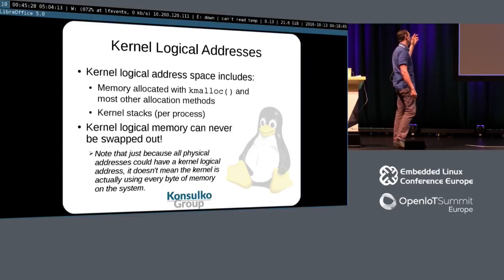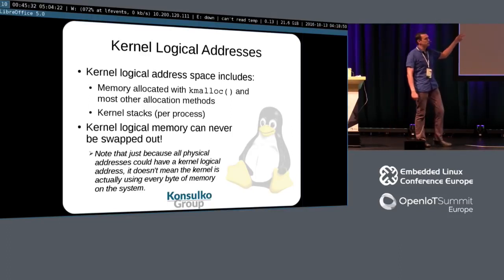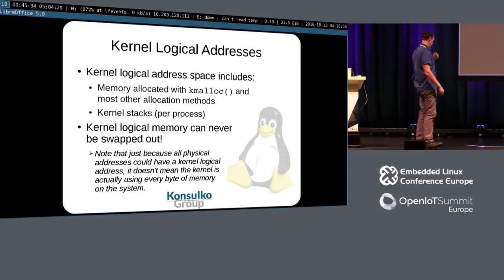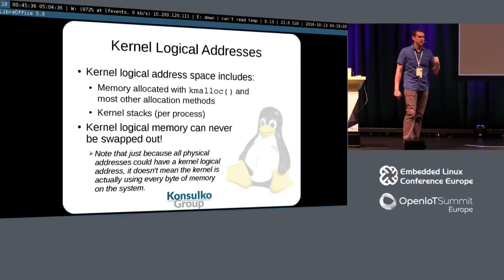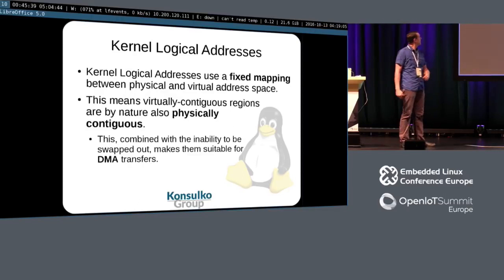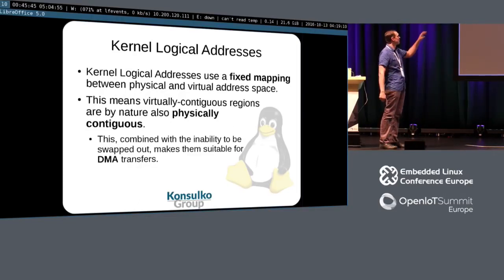Things that it includes in logical space, like we already said, are allocations with kmalloc, get free pages, all of those allocators, and kernel stacks. The key thing here is, and we haven't talked about how swapping works yet, that logical memory can never be swapped out. There is, as we said, that fixed mapping.